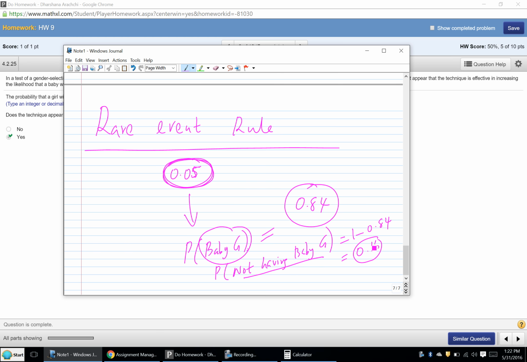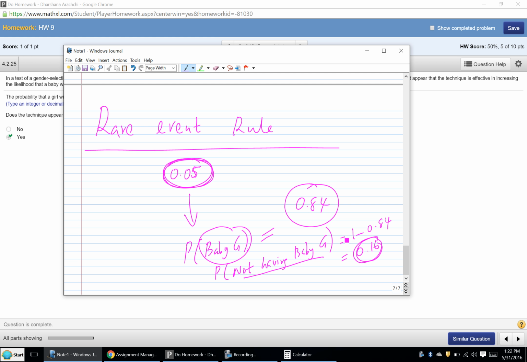Now is this error big enough? If this error is small, then we can say the technique is successful, but 0.16 is bigger than 0.05. It's quite big, so the probability of not having a baby girl is quite big.